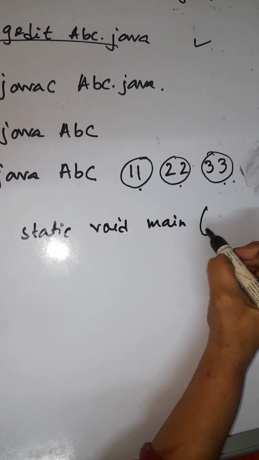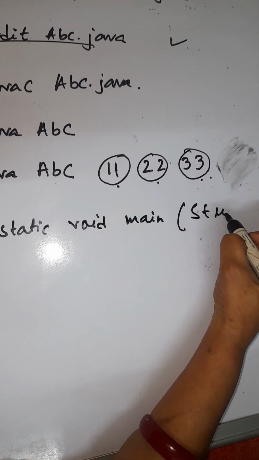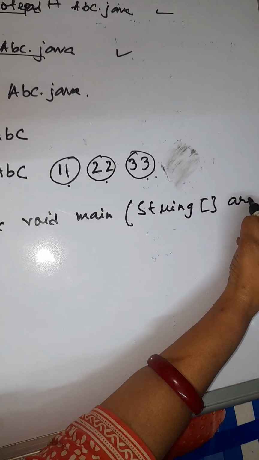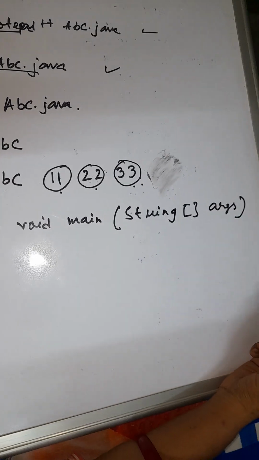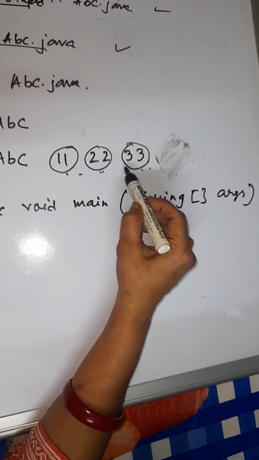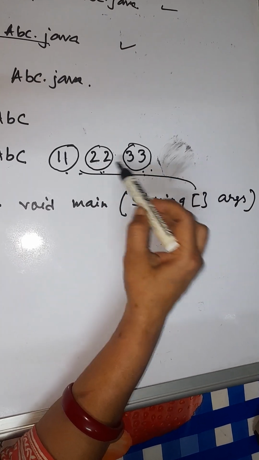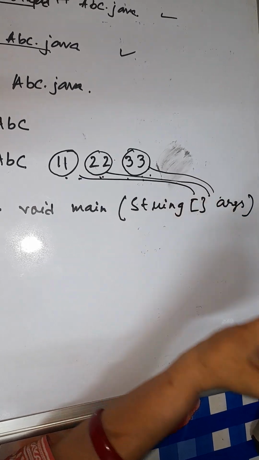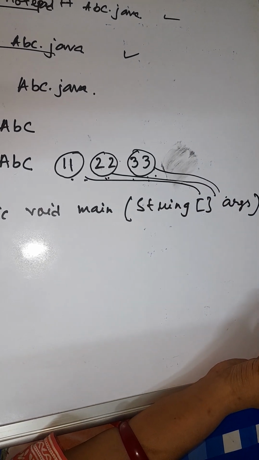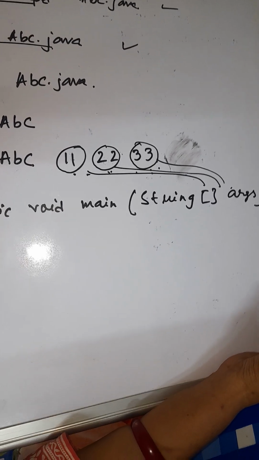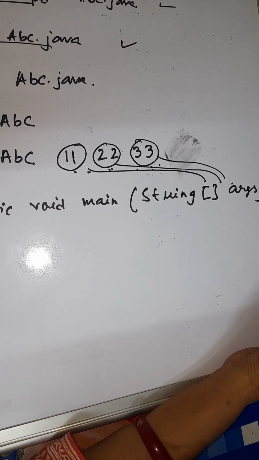Within the main function there is one parameter of string type, that is args, right? So when we execute our program, all these arguments will be stored within this args string type array. Clear? So how will we now use this argument within our program?